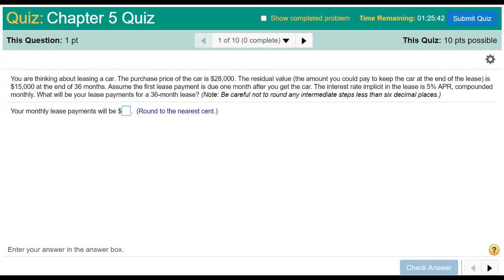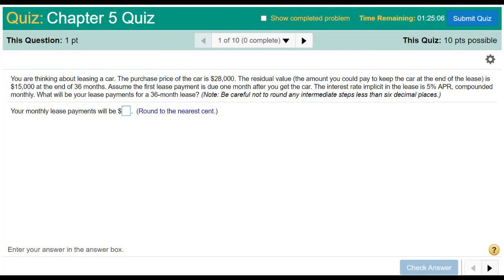Future value is 0, and present value is the difference between the purchase price and the present value of the 15,000. Once we get that answer, we put that into present value, and then we compute for payment. The answer we get is what our monthly lease is.